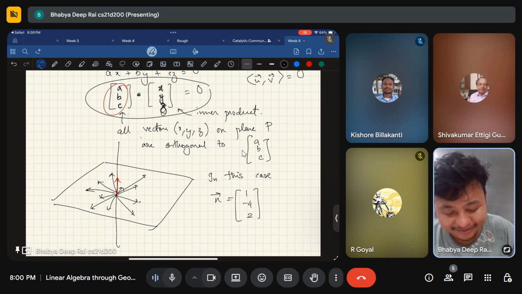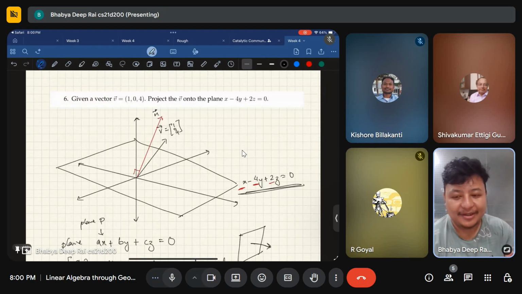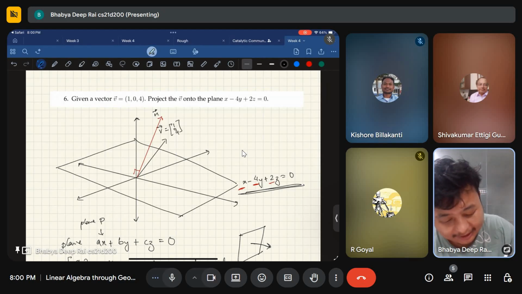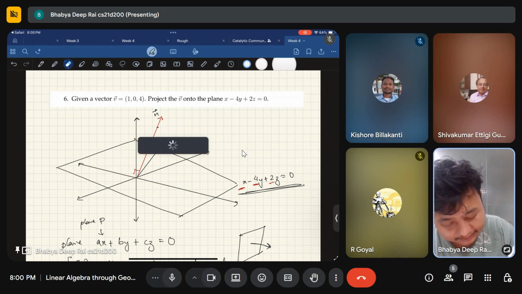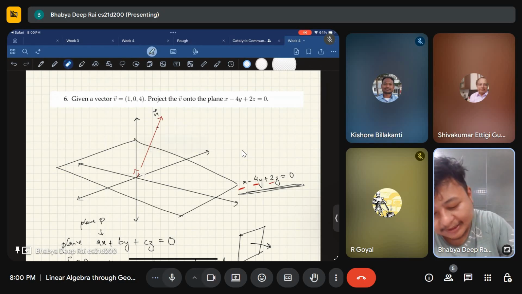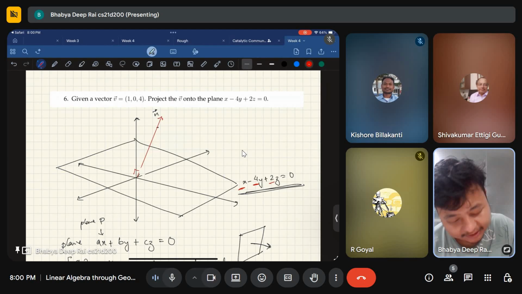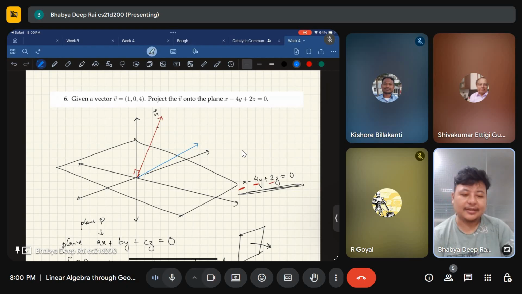Now the idea is pretty simple. Let me slightly modify it so that you can distinctly see what is happening. Let's say this black vector, which I want to project orthogonally onto the plane, let's make it blue actually, looks like this.